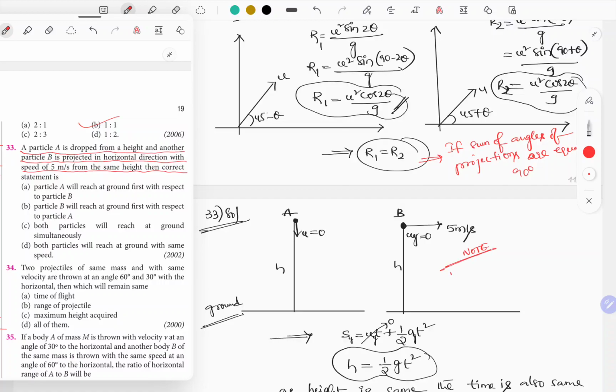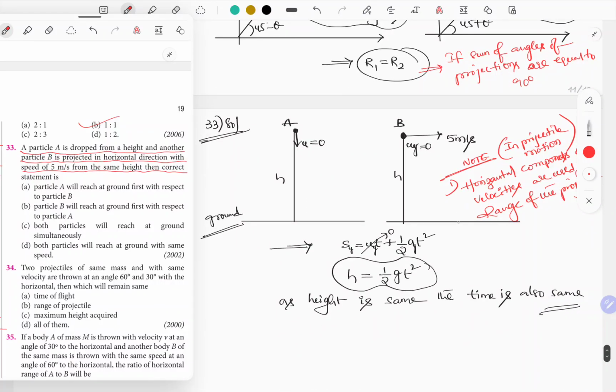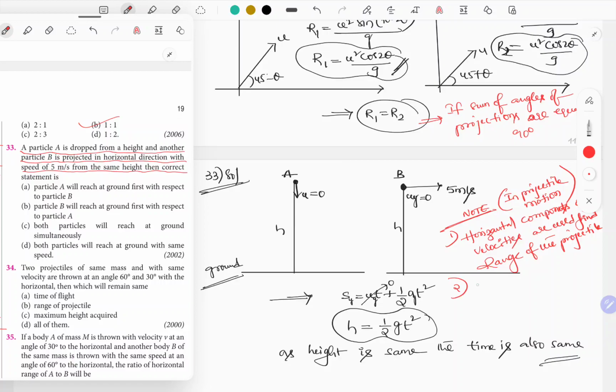In projectile motion, horizontal components of velocities are used to find the range of the projectile, whereas vertical components of velocities are used to find the time of flight.